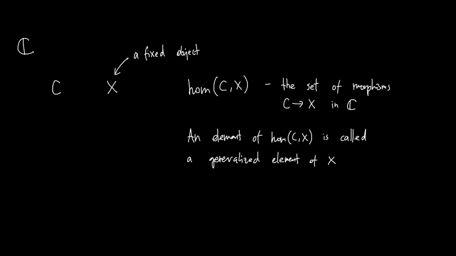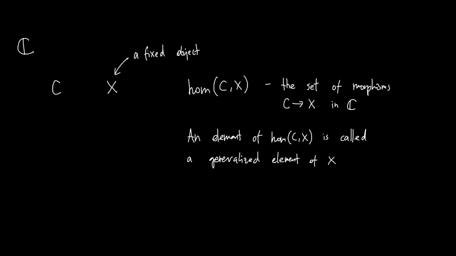But of course, this set, Hom(C, X), is not fixed, even though X is fixed, because C could change. So for every different C, we will have a different representation of X as a set. And this is where the idea of a variable set comes in.